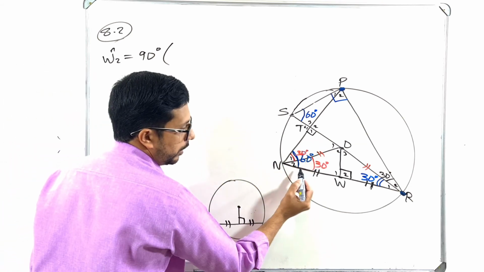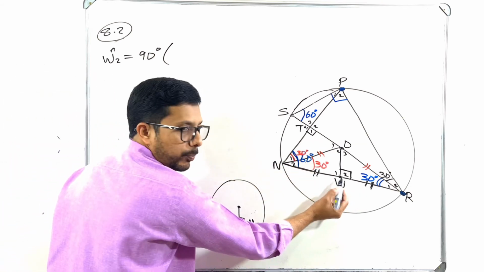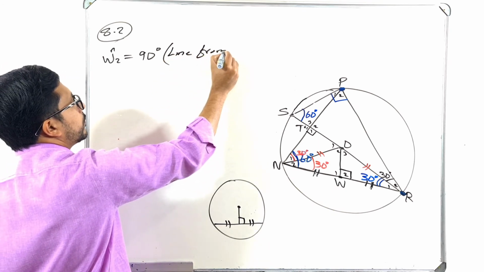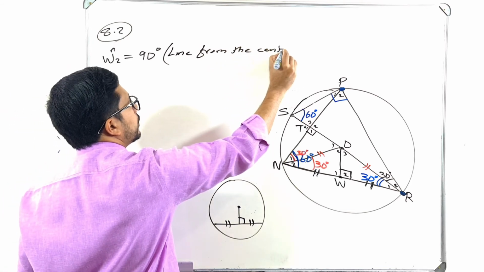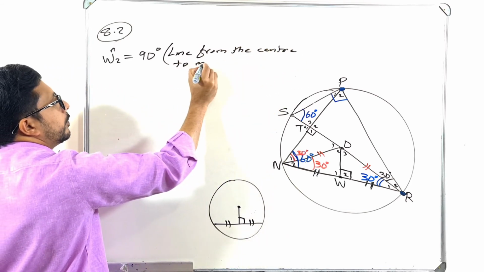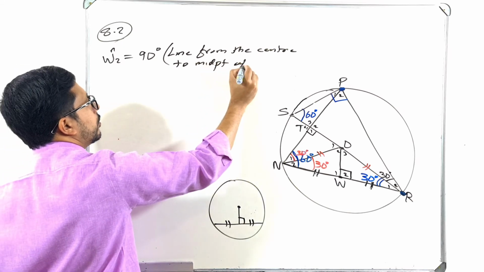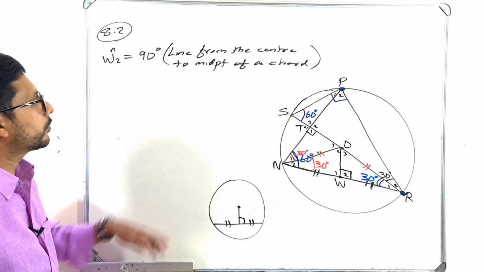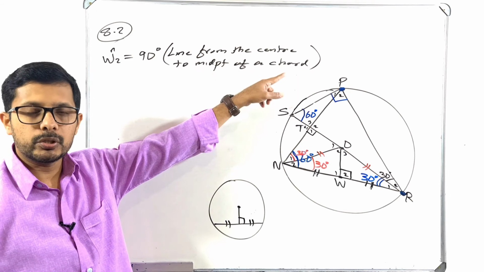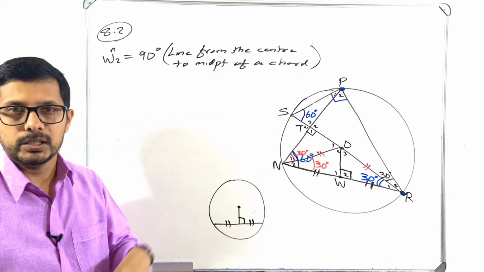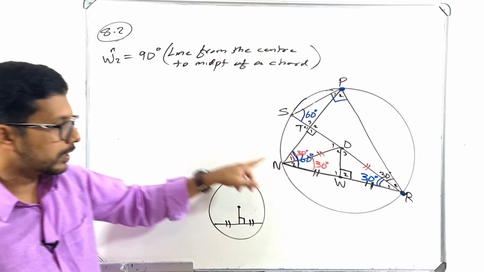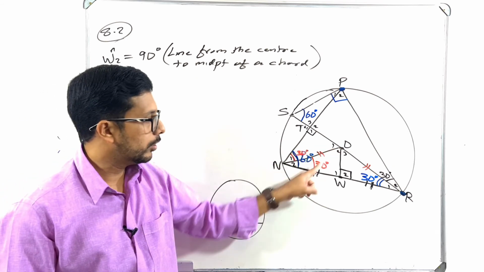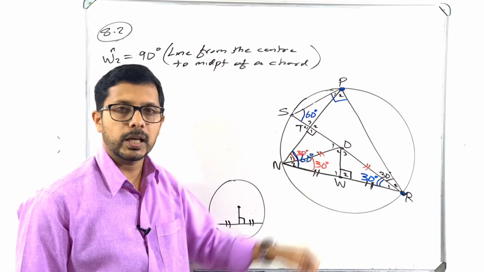A line from the center to the midpoint of a chord is perpendicular. It is enough to write like this: line from the center to the midpoint of a chord. So that angle is 90 degrees.